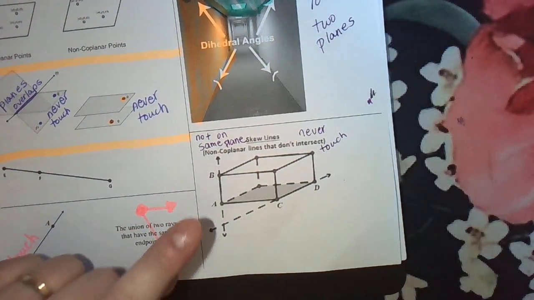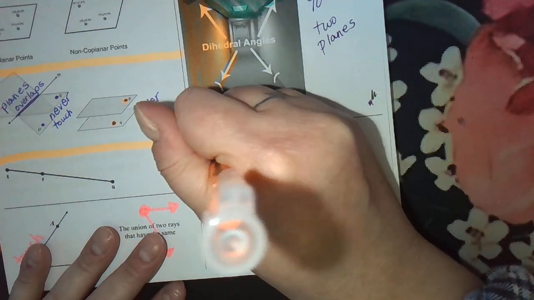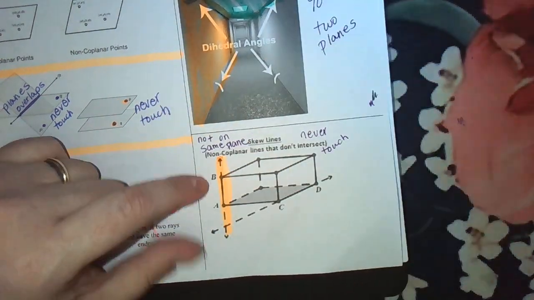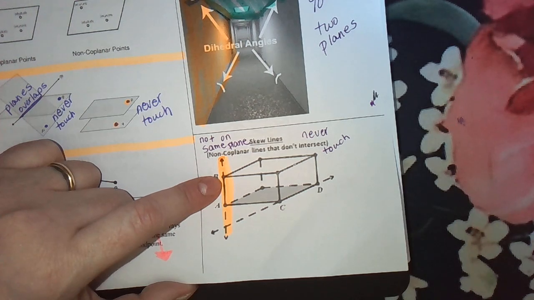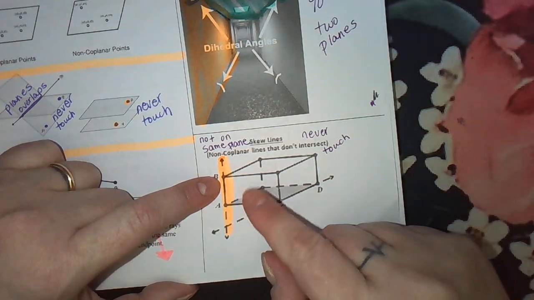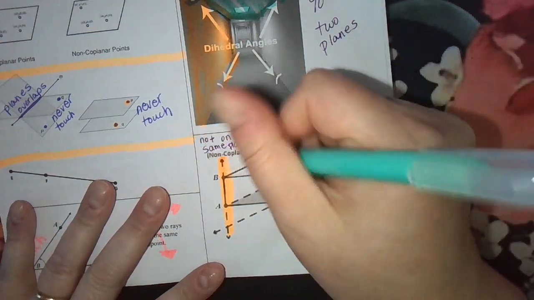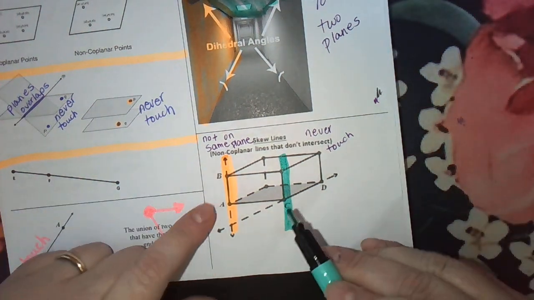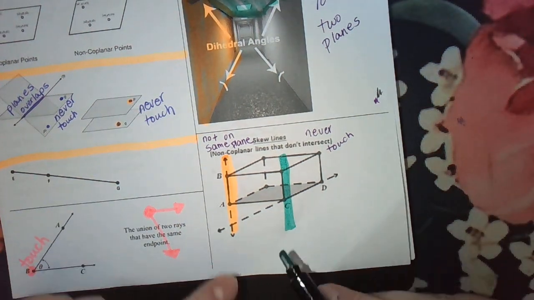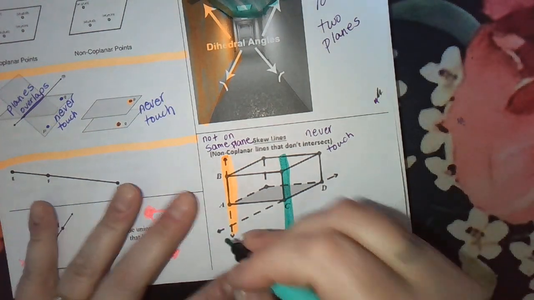So if we're thinking about this Kleenex box, and I draw a line through the height of the left side of the Kleenex box, if I drew another line up the height of the other side of the Kleenex box, these suckers are skew lines because they don't intersect.